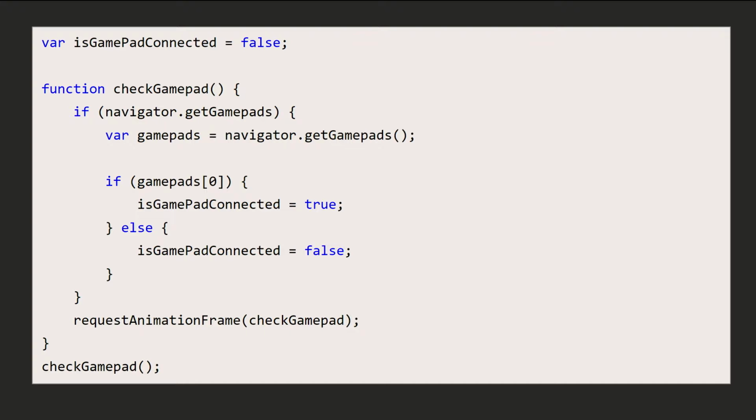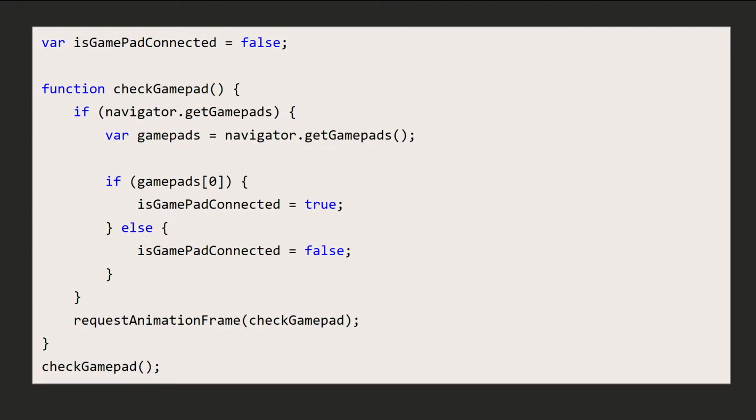In this code, you can see very simply that we just check if you have a gamepad by polling this one API many times called getGamepads. If the gamepad is detected, we have a Boolean global variable called isGamepadConnected that we toggle between true and false as necessary.